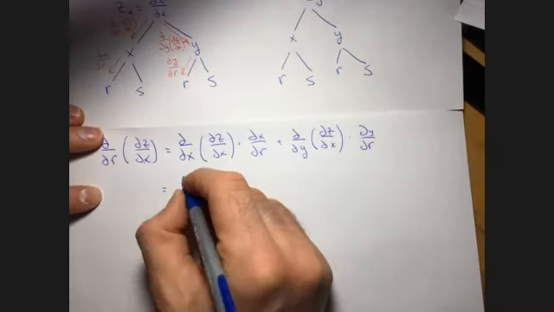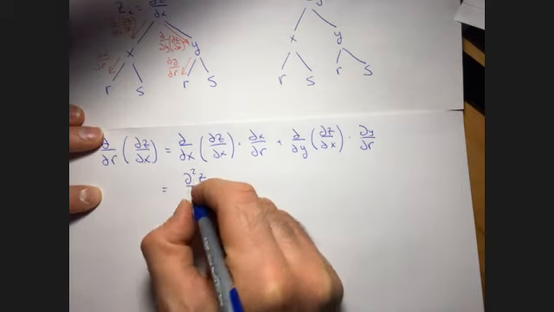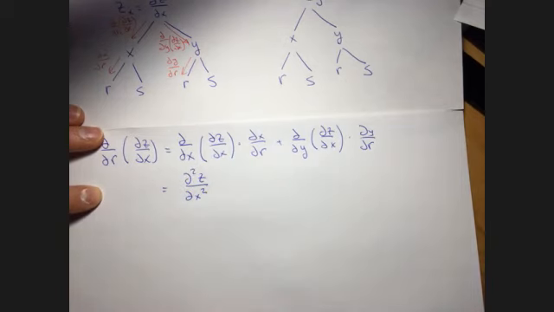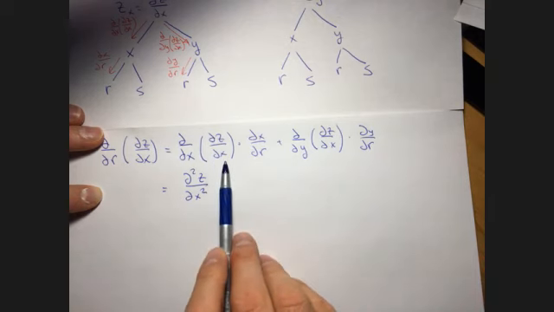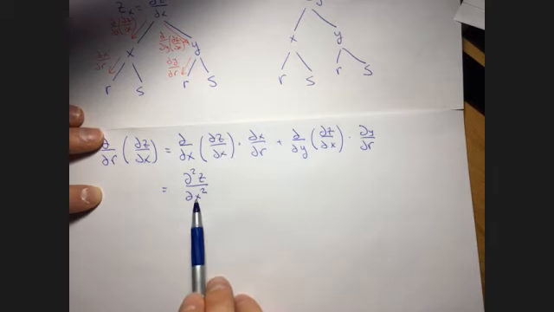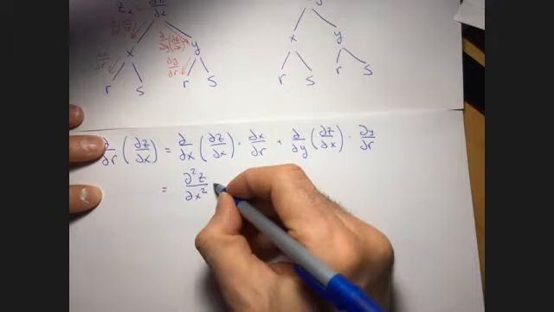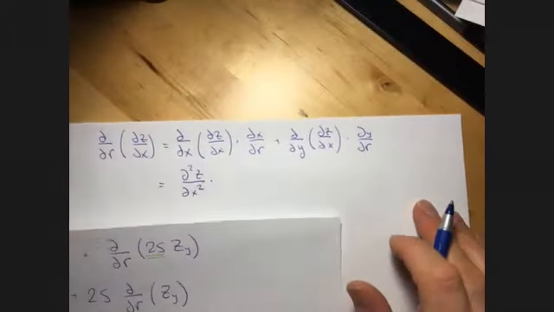Now this is not the second order derivative of z with respect to x. Because z is not defined explicitly in terms of x and y, its derivative is not defined explicitly in x and y, so this is all we can write for the second order partial derivative. Times partial x partial r was already evaluated.